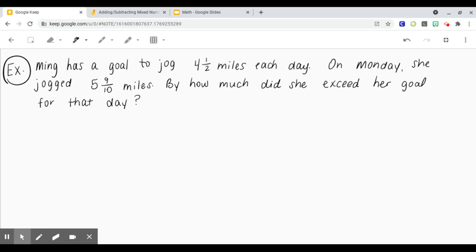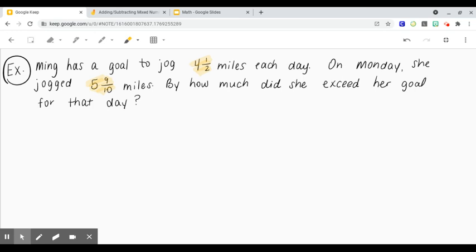So first we need to understand what this word problem is telling us and what it is asking us. I see obviously that there are mixed numbers here, but what do I do with them? Well, taking out the numbers, let's think about this in context. Ming is going to go jogging every day. She has a goal. On Monday, she jogged more than her goal.